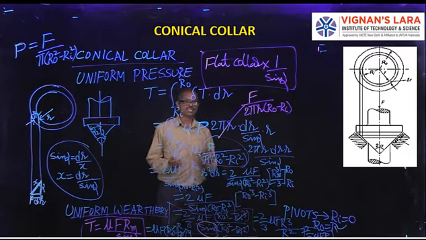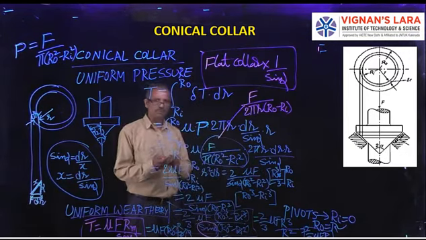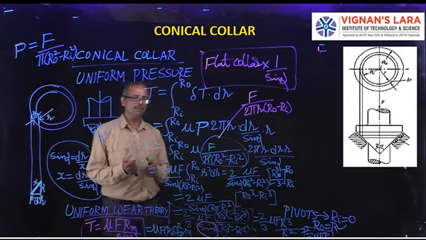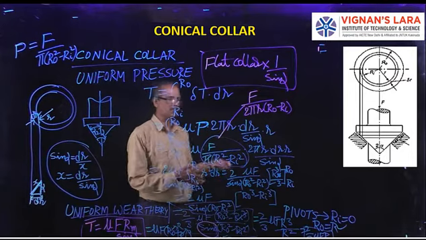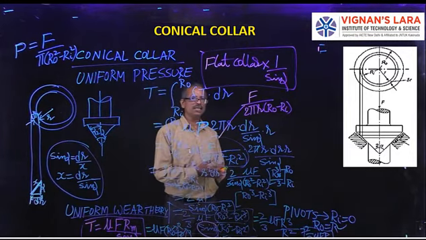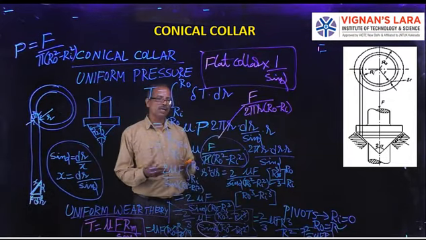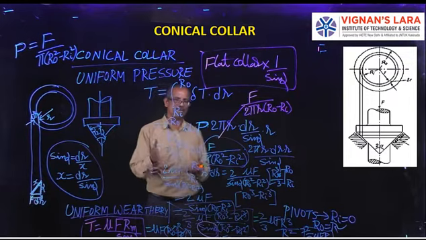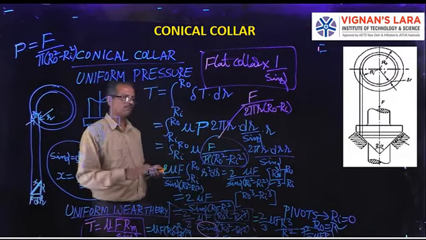With this, we can write the torque equations using uniform pressure theory and uniform wear theory. These equations we would like to use in the design of clutches. The collar concept is used in clutches, and for brakes also we use the same equations. This is the background you require to solve the further part of the analysis.